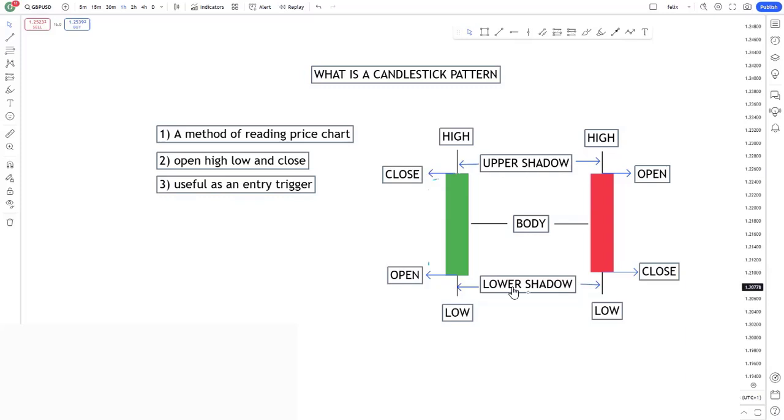The green color portion is what we call the bottom. And for the red candle, it opens at this high. Bear in mind the close here. We could also call it higher lows. Why? For the red candle, it opens at the highs here and closes at the lows here. Could also be called lower lows. So this is how you actually read a candlestick chart or pattern.